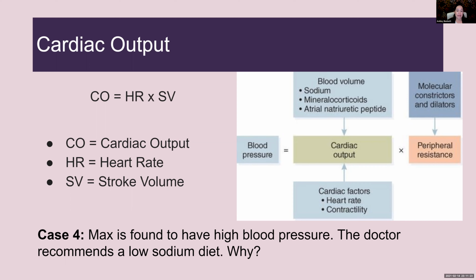If I eat a lot of salty food, the water is going to follow the sodium, and so I'm going to retain fluid. That's going to increase my volume, which will impact the stroke volume, which impacts the cardiac output, which impacts the blood pressure. All of those are going to be elevated.